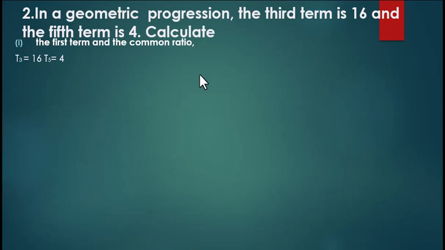We're going to use our formula for the nth term. Tn is equal to a times r to the power n minus 1. So the third term is equal to a times r to the power 3 minus 1, which is 3.